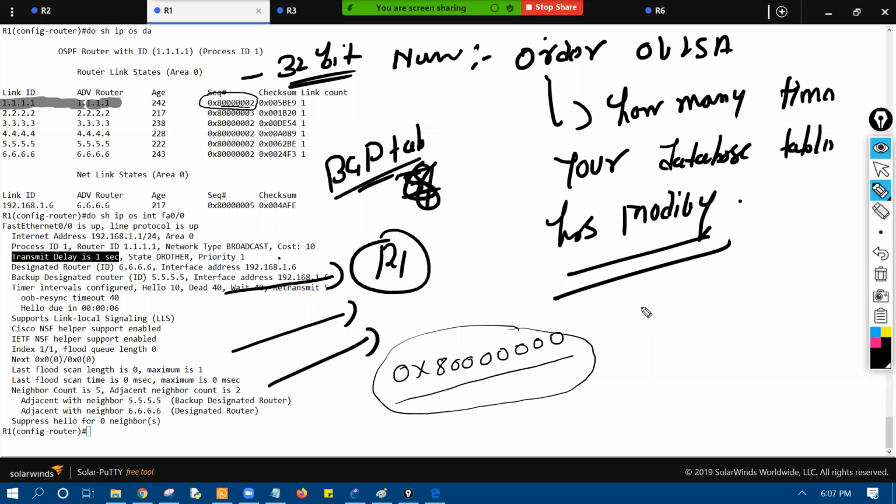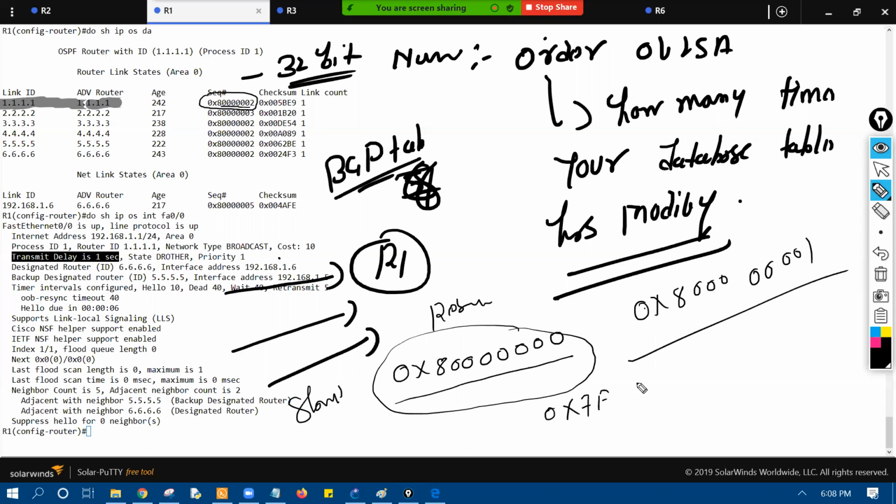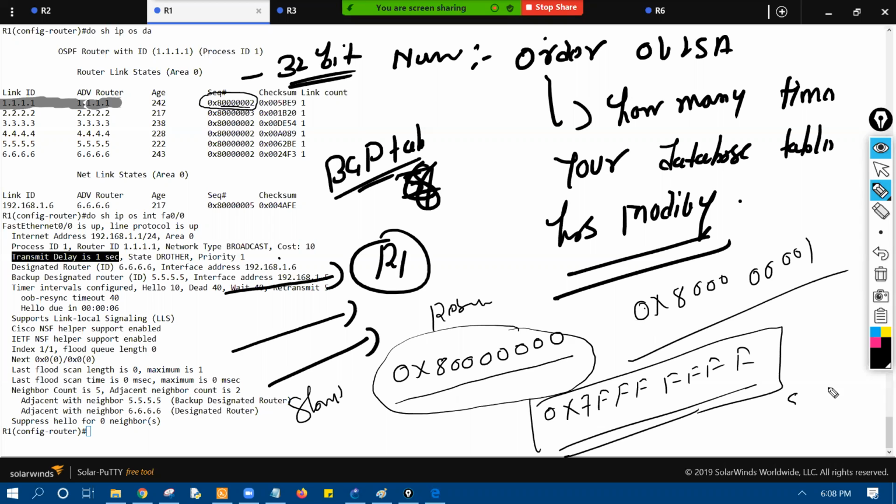Each LSA is going to be represented by 0x80000001. Always, this is the reserved value. This is the starting point, and the ending point will be 0x7FFFFFFF.